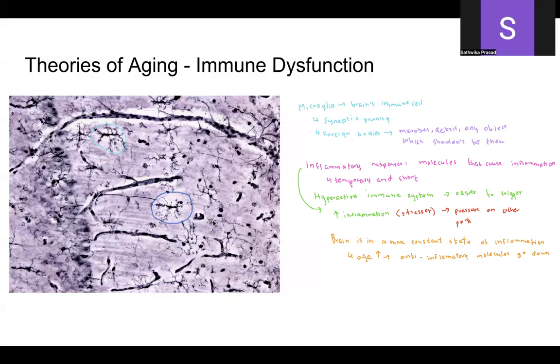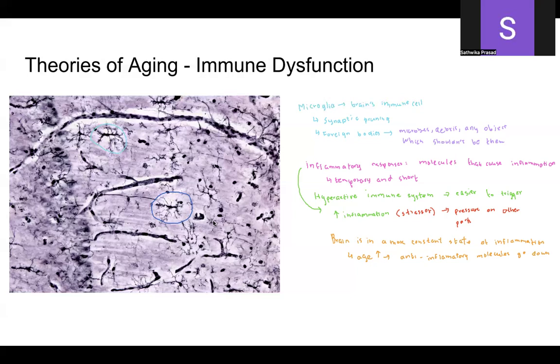So that was another theory of aging. Basically, the summary of this is that as you grow older, it's easier to activate your immune system, which causes more inflammation. But the anti-inflammatory molecules that keep this inflammation down tend to slow down or dampen their response as you grow older.